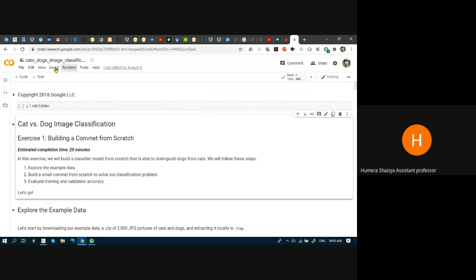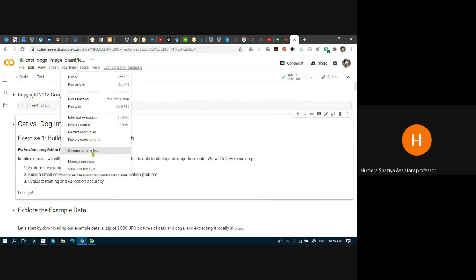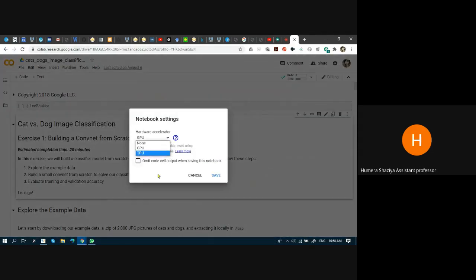And in Colab here, runtime, change runtime. Colab is also providing None, which means normal processor, GPU means graphic processor, and TPU, which I have not used.